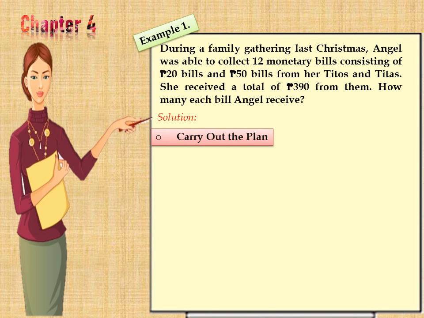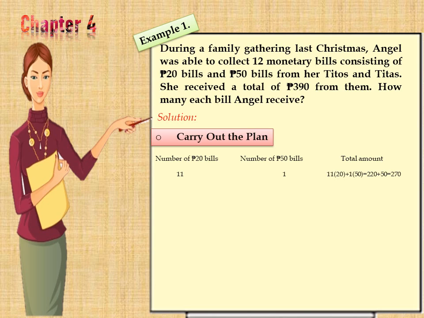For the next step, we'll carry out the plan. In carrying out the plan, let's make a table. We have the number of 20 peso bills, the number of 50 peso bills, and also the total amount. So suppose there are 11 20 peso bills and 1 50 peso bill.